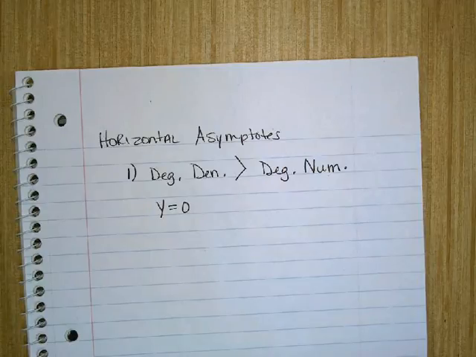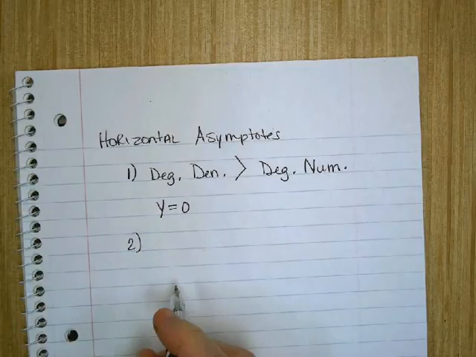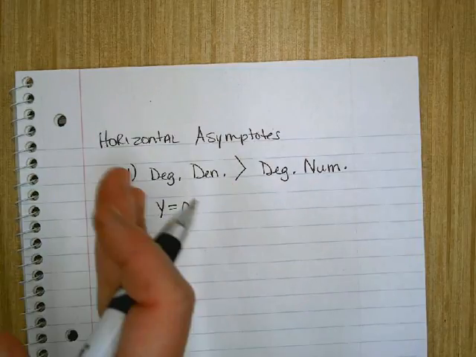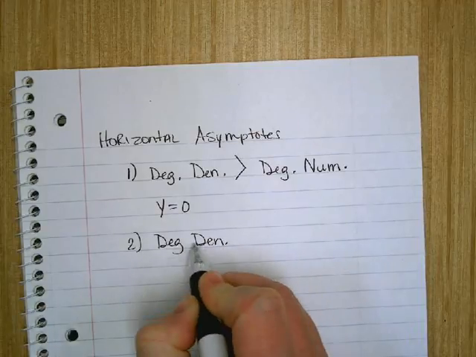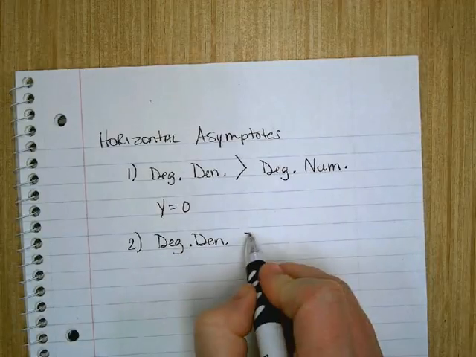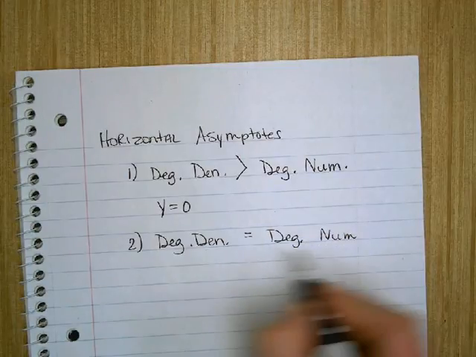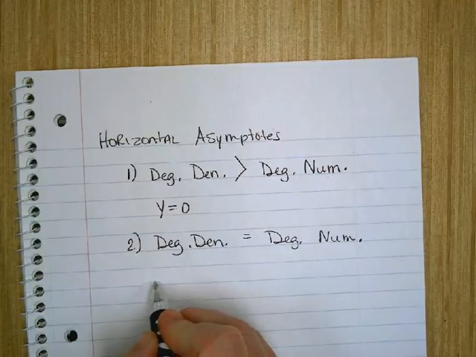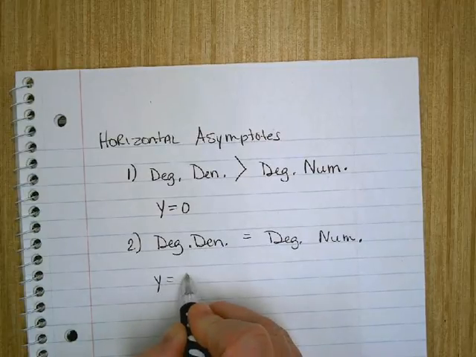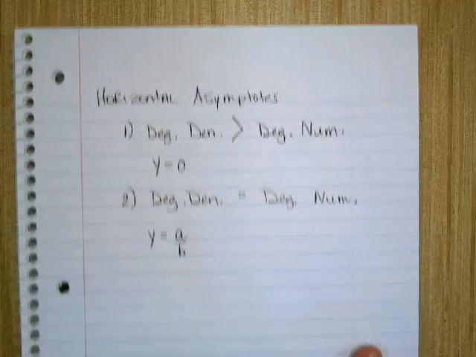That's situation number 1. Situation number 2. If the degree of the denominator is equal to the degree of the numerator, then you have an asymptote at A over B. Now let me show you where A and B came from, okay?